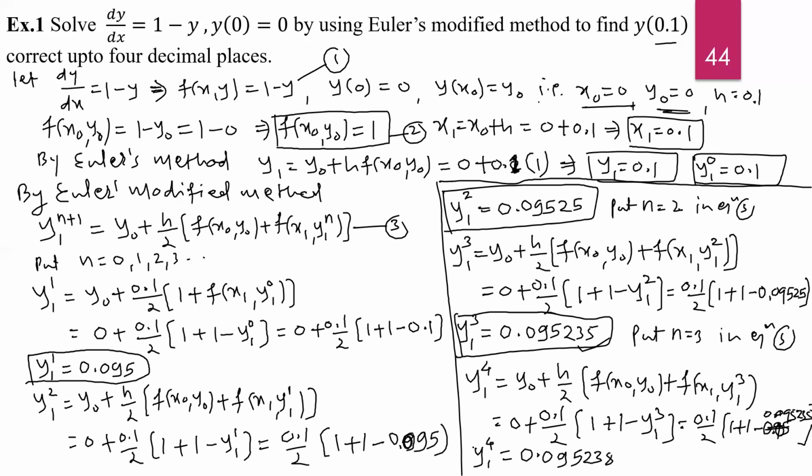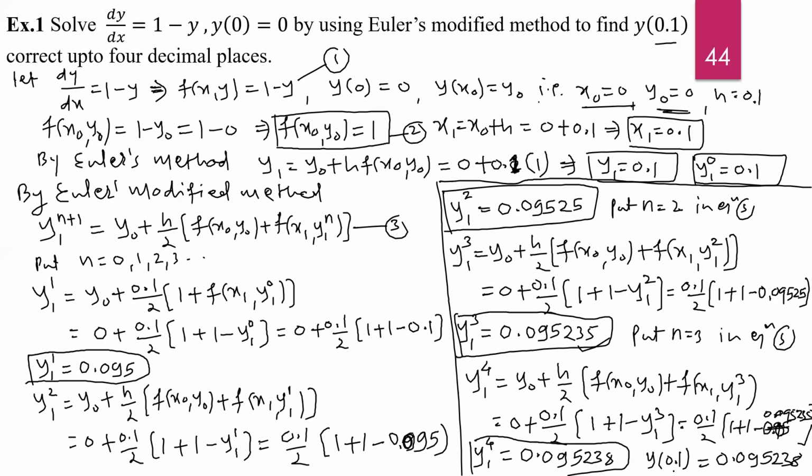Now see, the difference between y1 raised to 4 and y1 raised to 3 is very small. Now we stop the process here. So this is the y at 0.1, equal to 0.09523, which we round to 0.09524.